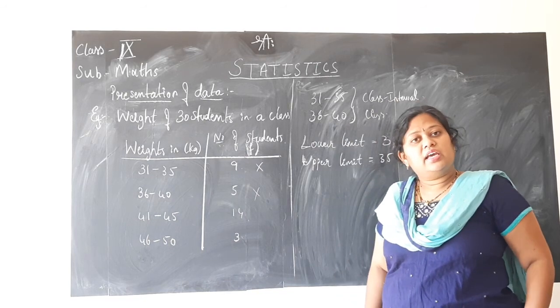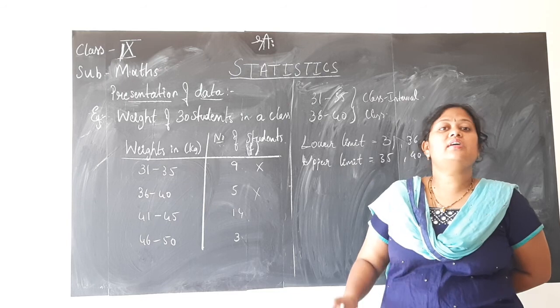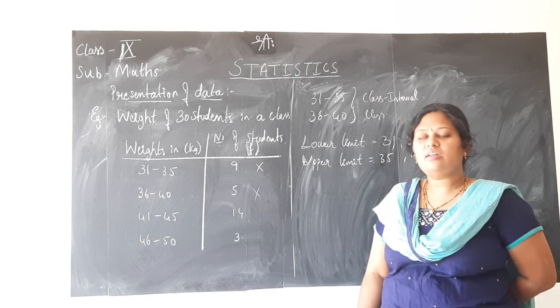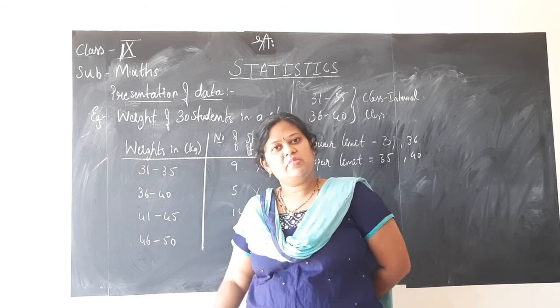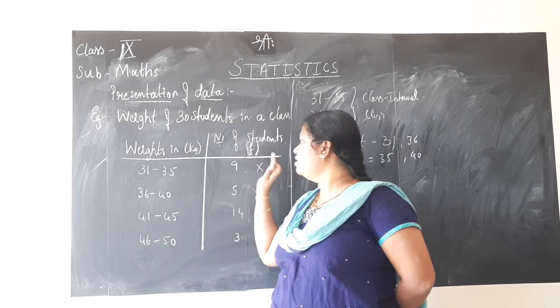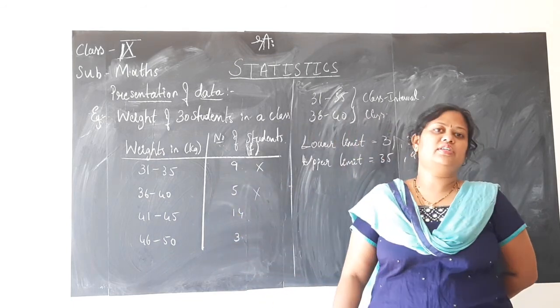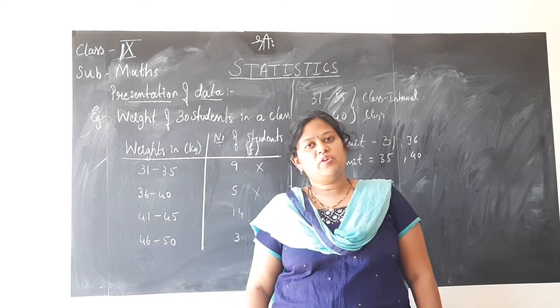When that is the case, where do you enter the information of such students is the question that arises now. It is more than 35, less than 36. When that is the case, you have to represent the information here in the frequency distribution column, but the class interval we have chosen is not supporting that.